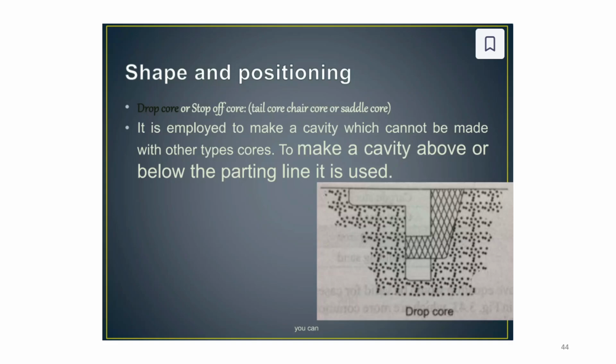Next you have drop core or stop off core, also called tail core, chair core or saddle core. There are various names. These are employed to make a cavity which cannot be made with other types of cores, and to make a cavity above or below the parting line.